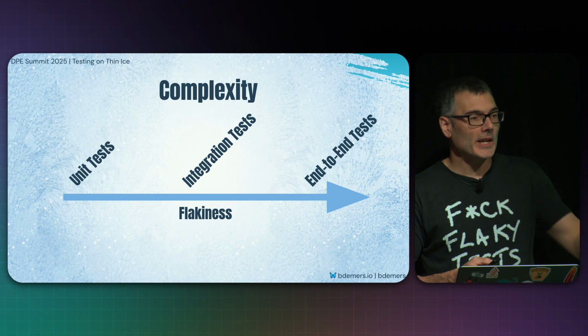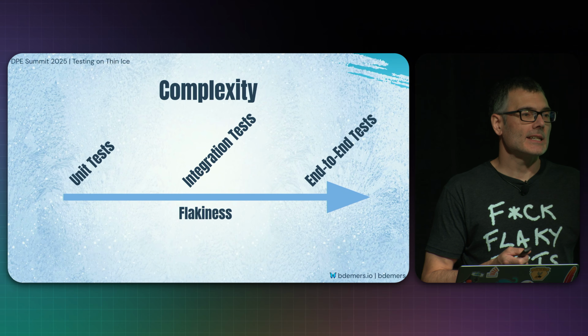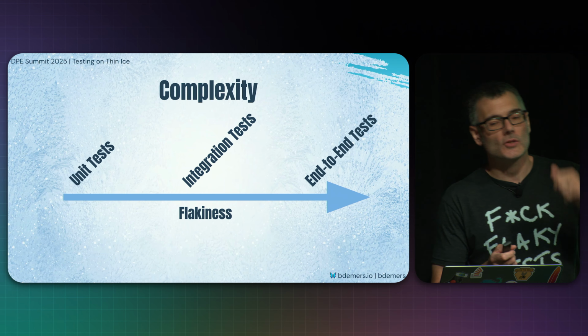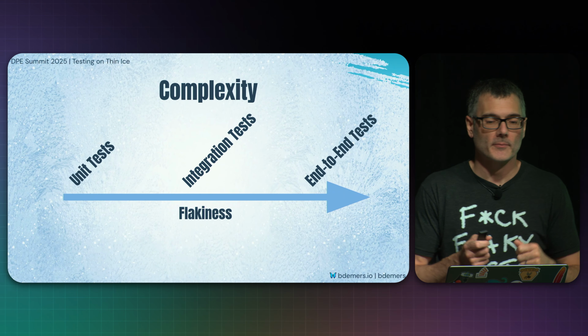You need to start the browser, but there could be some proxy issues on the machine. And we have network requests. I don't know, someone tweaked a CSS button and now your tests don't run right anymore. So the further you go down in the water here, the higher the potential of flakiness is. And we can think about it this way too: as the complexity increases, so does the potential volatility.